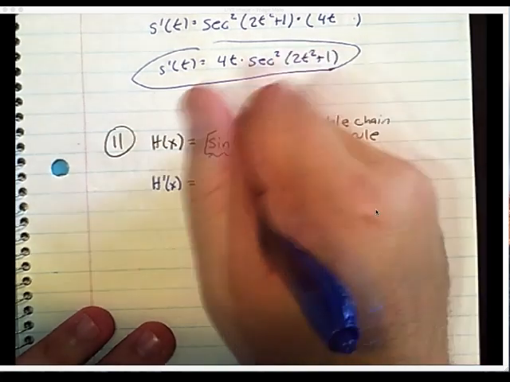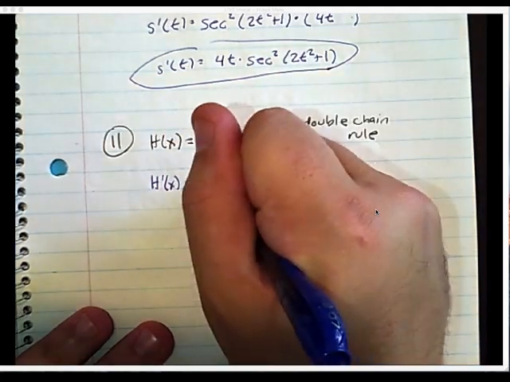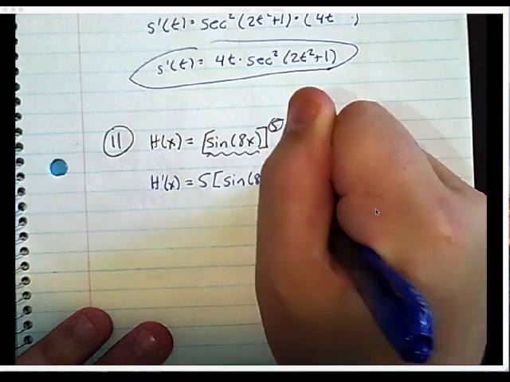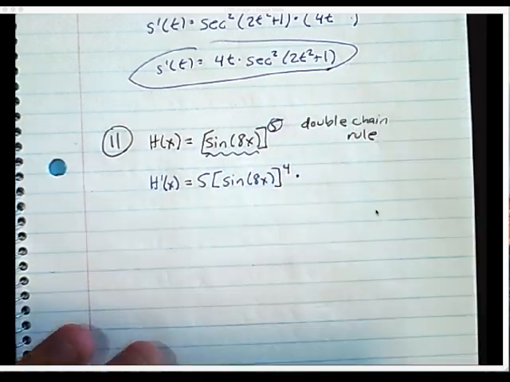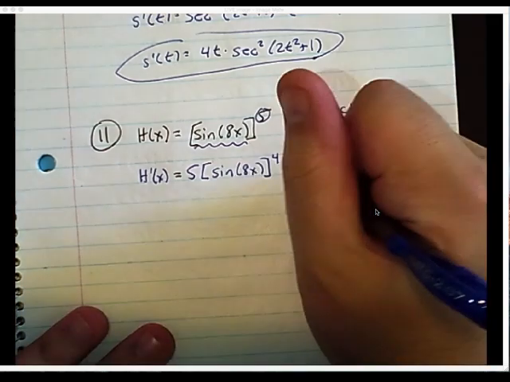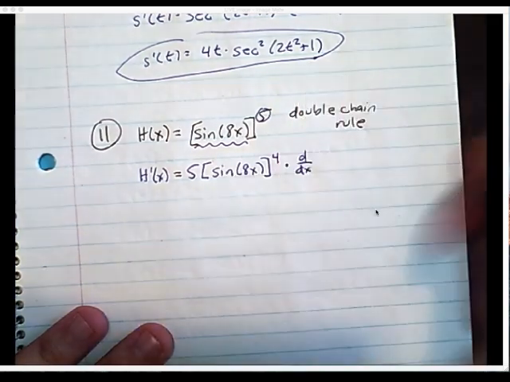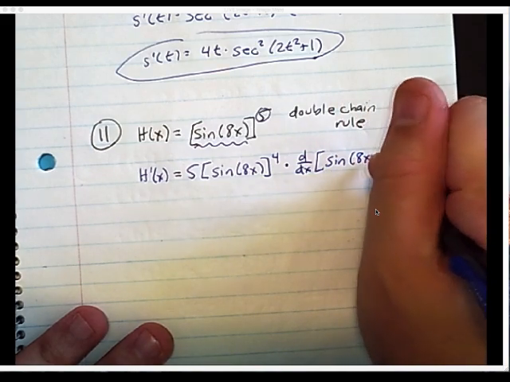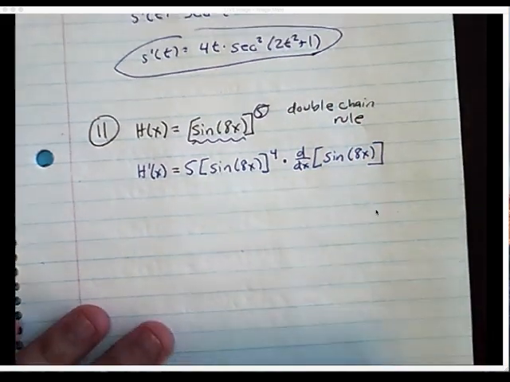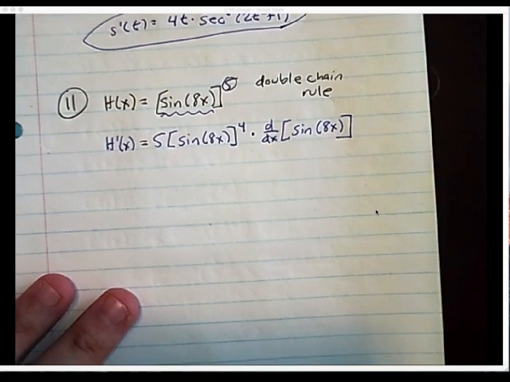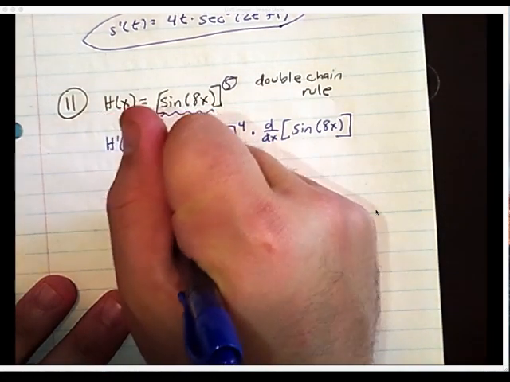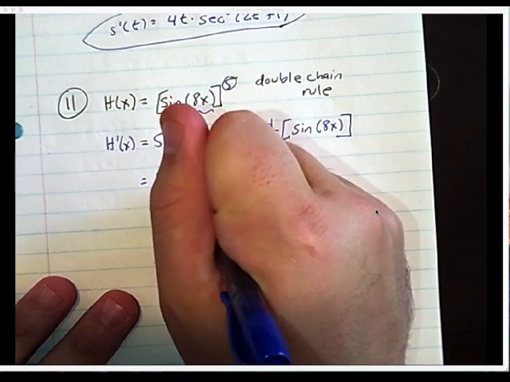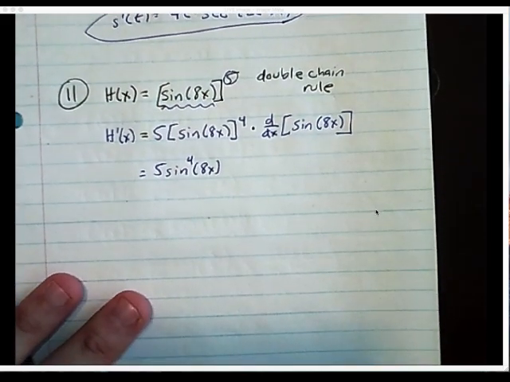So the 5 gets moved out front first. Then we have sine of 8x to the 4th power. Now I have to multiply that times the derivative of the inside, sine of 8x. So I have 5 sine of 8x to the 4th power.